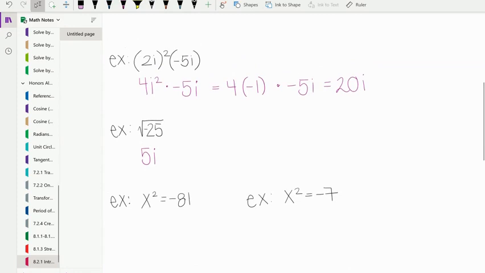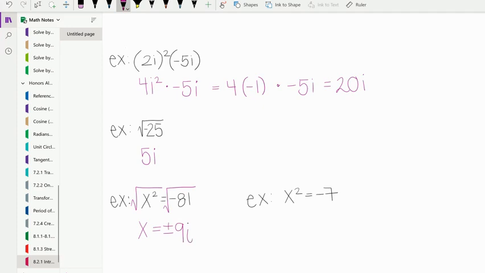But now that we're getting into x squared equals -81, we know we're going to have two solutions because we're now solving a quadratic. So we would square root both sides, and when we do that, we get x equals plus or minus. Now, because it's negative, that means it's going to be imaginary. So you take the square root of 81, which is 9, and then you put the i for the imaginary part.